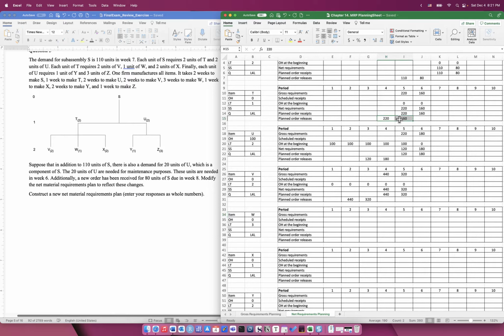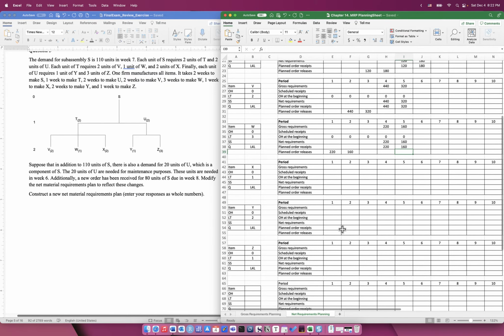You're coupling with those 2 quantities, so it's basically 1 to 1, and you did not have any on-hand inventory from the beginning. So you need 220 here, and you need to receive 220 here. Lead time 3 weeks. So I assume 160 will be needed here.